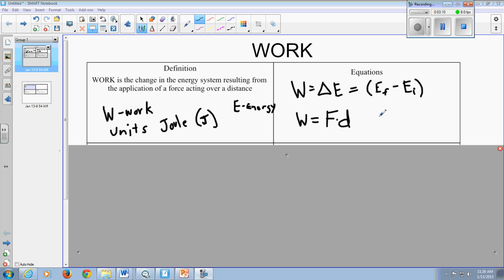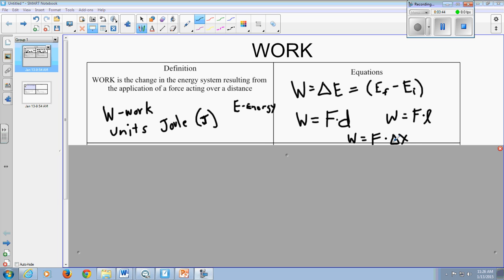Some people will use L for distance, and in fact, I believe your book uses L for distance. There's also times I'll use the displacement notation for work. So you could see it in this format: work equals force times displacement. I use delta x for displacement, change in position.